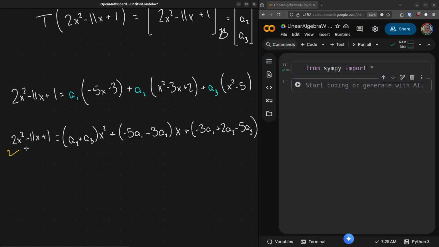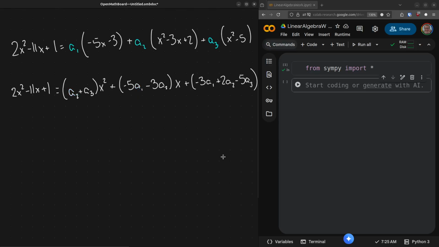So in order for these two polynomials to be equal, the coefficients of the same terms must be equal. So the coefficient of x squared on the right side, A2 plus A3, must equal the coefficient of x squared on the left side, which is 2.